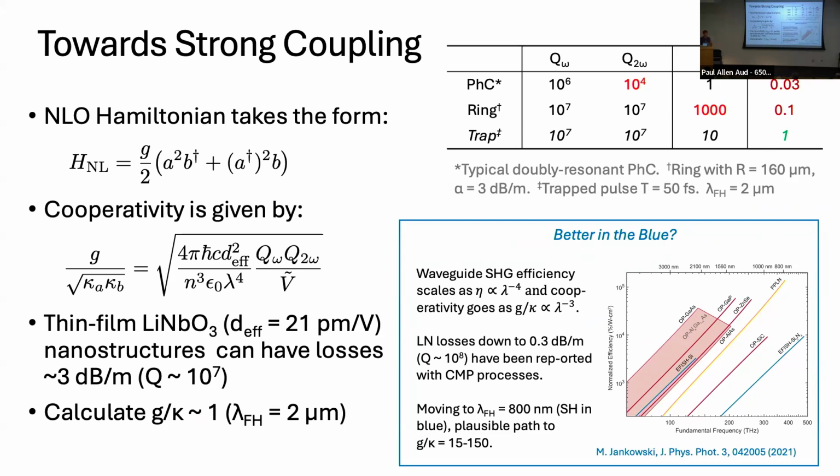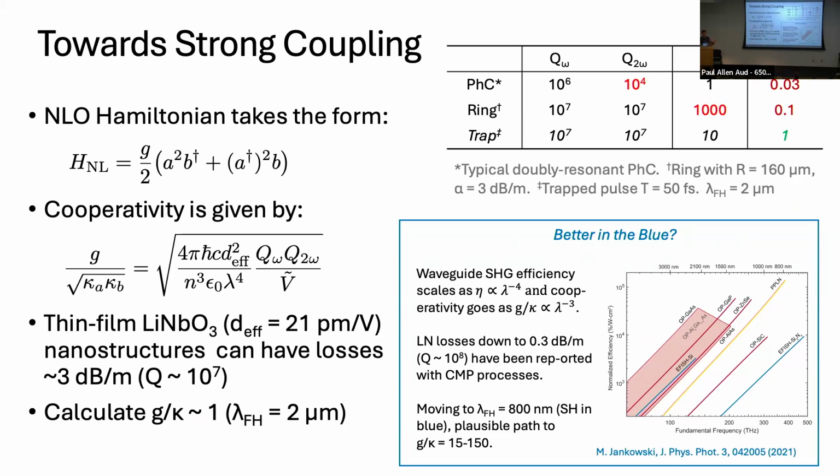That's probably not good enough for quantum gates, but fortunately, a lot of these things improve if you're able to scale down to much shorter wavelength interactions. You can show that G over kappa has the potential to scale as lambda to the -3. That means that instead of working with a 2 micron to 1 micron process, you work with an 800 to 400 nanometer process.